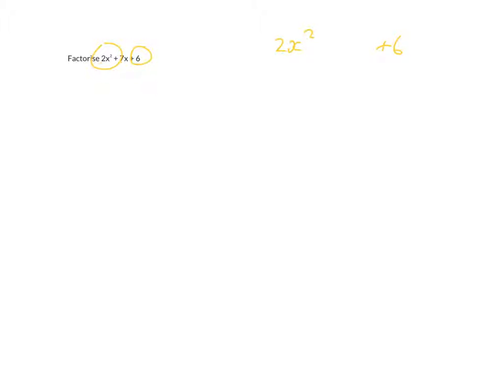And what we need to do is a little cross multiply thing. So I'm going to take the 2x squared, 2 factors of 2x squared could be 2x and x. So these 2 here will multiply together to make 2x squared. And I also need to look at the plus 6.